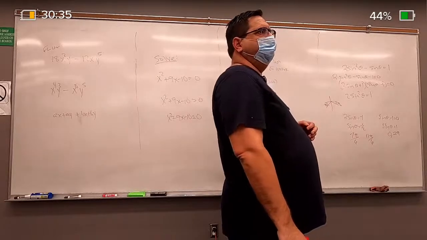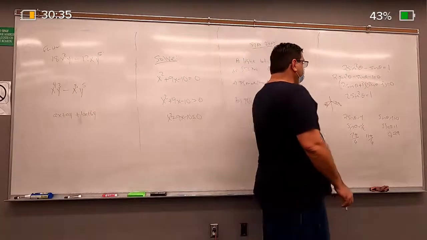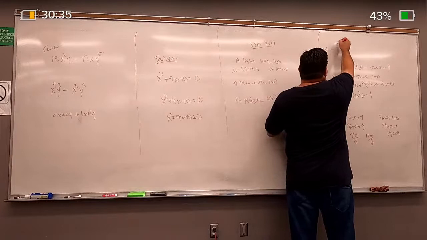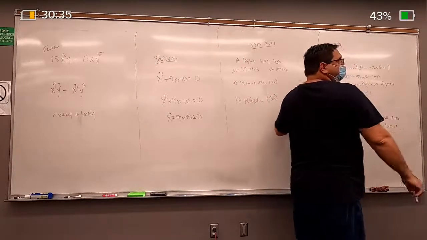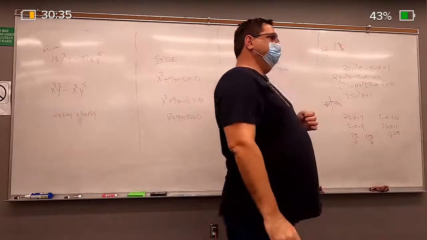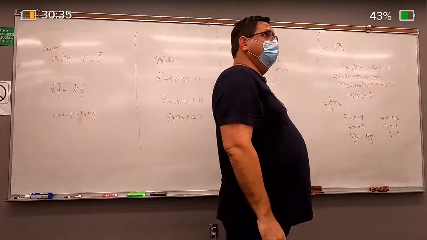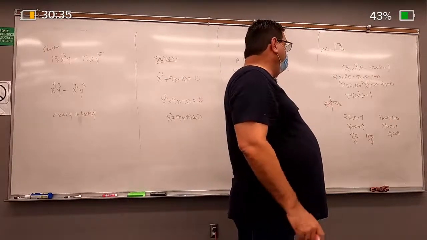Yeah, we have this chart. At pi over 6, sine theta is 1/2. Does that make sense? Yes, no, maybe, could be. Yes. All right, here's what we're gonna do.